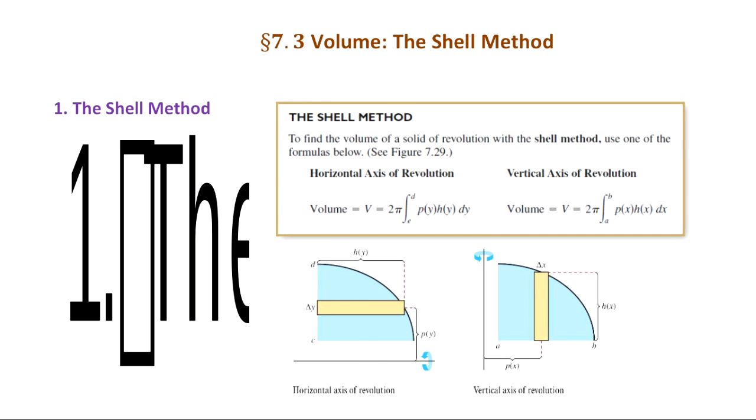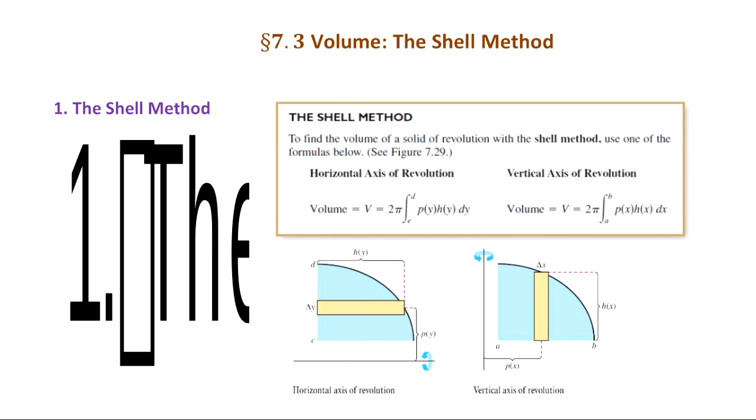If it's rotation of the plane region about the x-axis, then you use the formula on the left, 2 pi times the integral from c to d of p(y) times h(y), to get the volume of the solid. c and d are the lower and the upper points of the plane region, and h(y) is the height or the length of the rectangle in yellow. Just keep in mind p(y) is the radius.